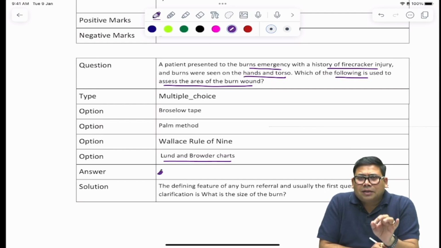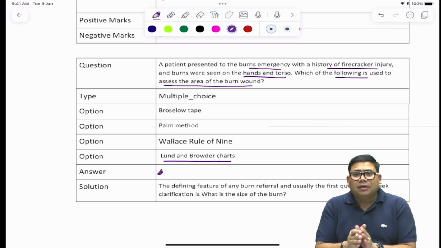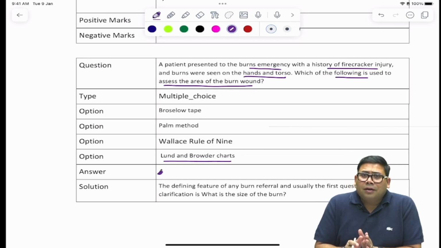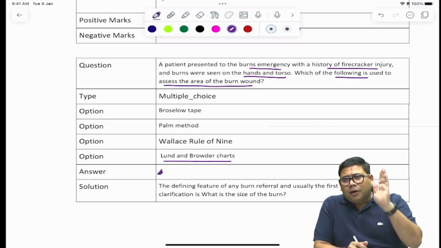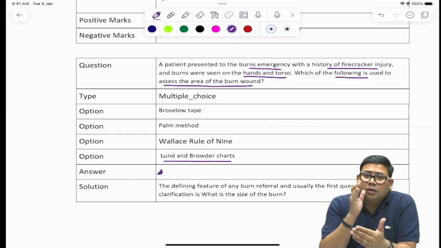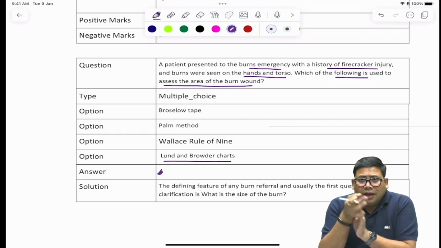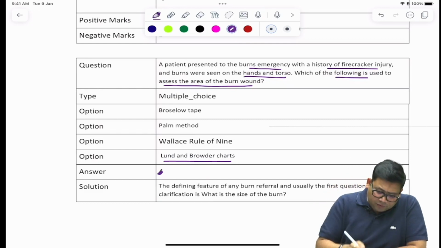Remember, despite the fact that the Lund and Browder chart is most accurate, because each and every part is calculated separately, this is not the recommendation. Why? Because the purpose of calculating the burn surface area is to start the fluid, and the Lund and Browder chart is a complex chart which many surgeons are not able to recall at the time of trauma or at the time of need, and that is why we only believe in two charts.